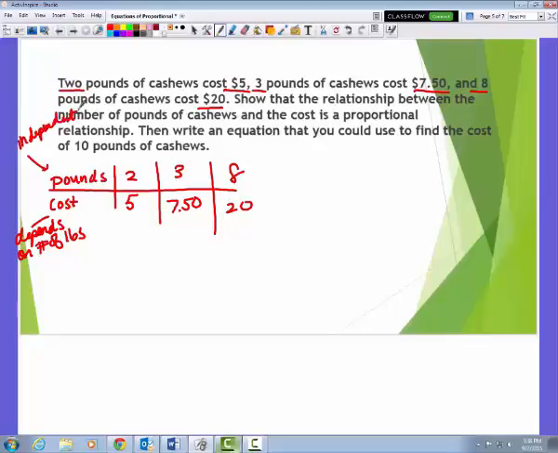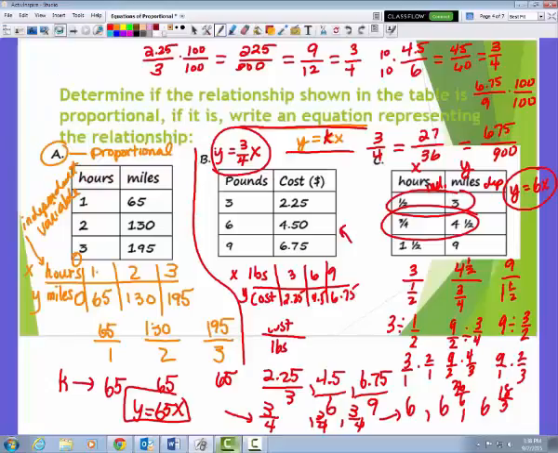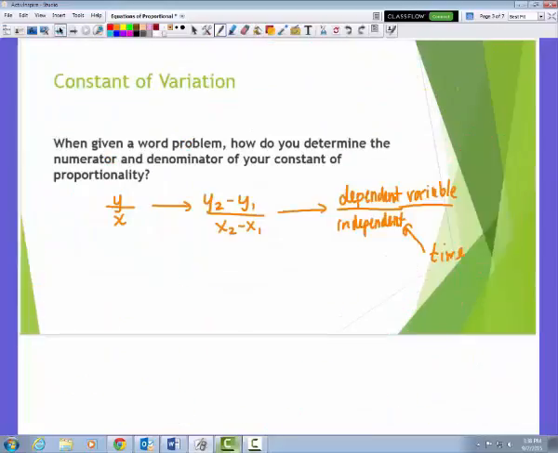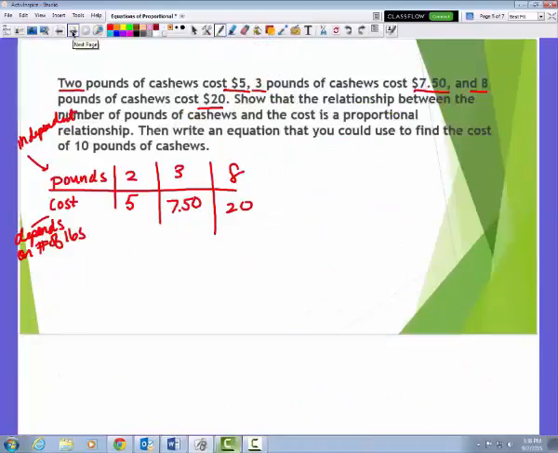And so we're going to do independent divided by dependent. I think. Let's make sure on that. Dependent divided by independent. That's what we want to do. Dependent cost 5 divided by independent 2. 7.50 divided by 3. 20 divided by 8.